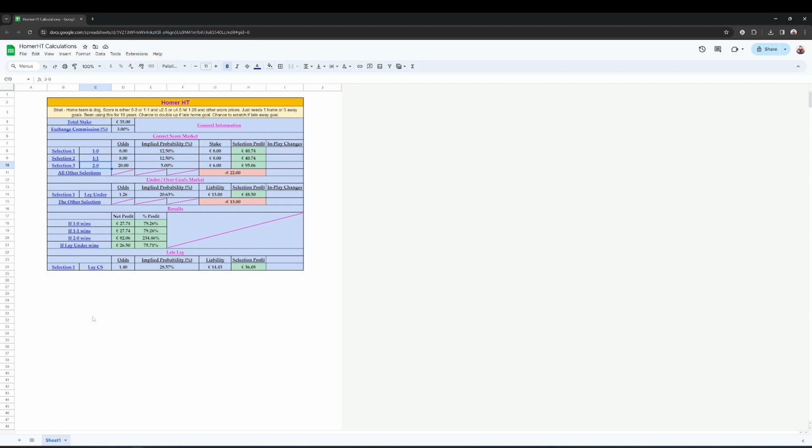Those 3 target scores. And you lay under 2.5 goals, right? So you are covering your position if there are 3 goals or more. And if it's 1-1, then you would back 2-1, 2-2, and 3-1. And then you would lay the under 4.5 goals. Would you do the same if the halftime score is 2-2?